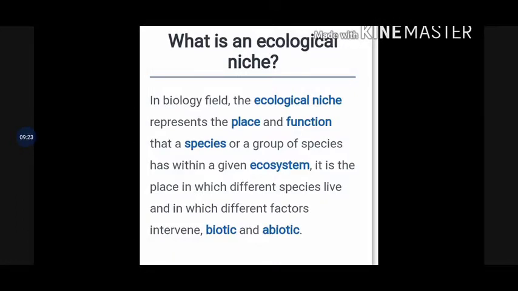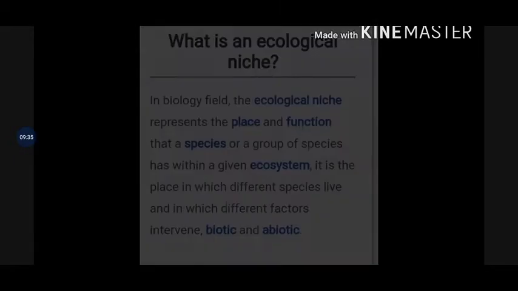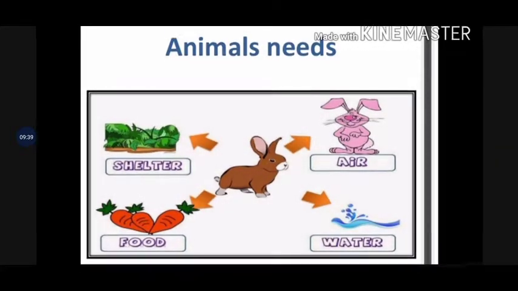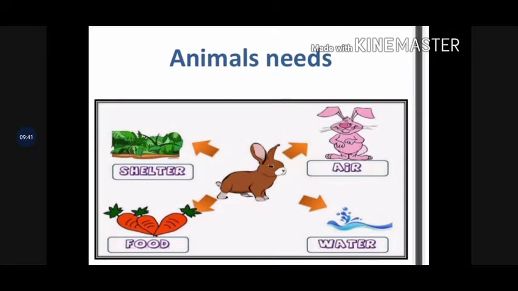It is the place in which different species live and in which different factors intervene, biotic and abiotic. So this is the area where the animals actually show their functional role. As we know, animal needs are shelter, air, water, and food.